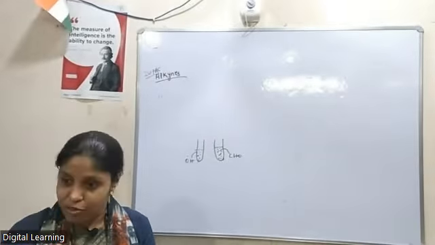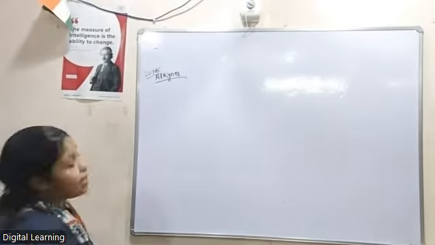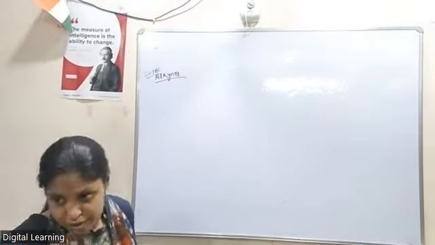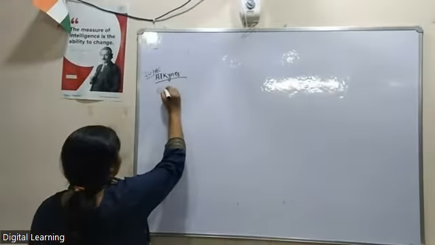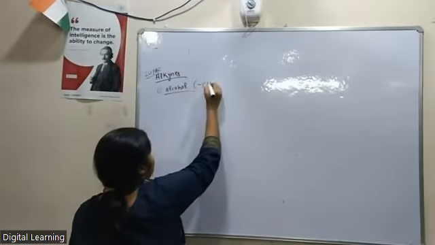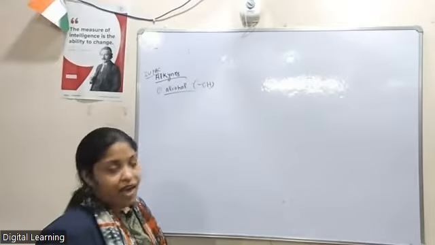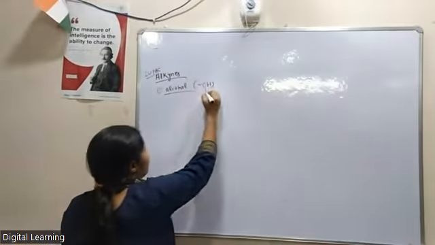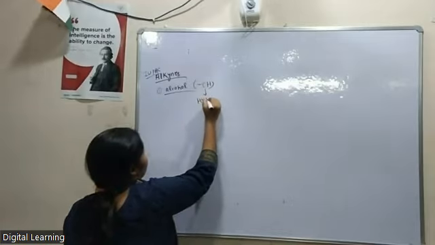So the first functional group is the nomenclature of alcohol. Write down alcohol. The representation of an alcohol functional group is OH. This group is called the hydroxyl group.